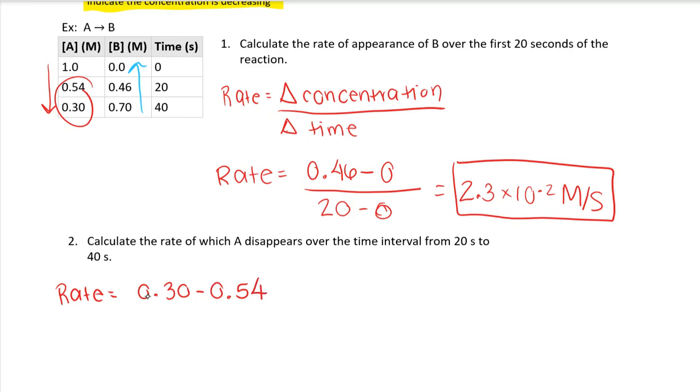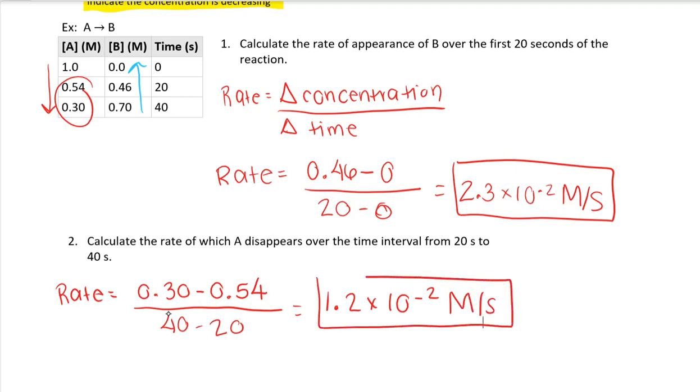So normally when we're calculating the change in concentration or change in time or change in anything, we normally do final minus initial. So I'm going to take the final concentration minus the initial concentration and then do the same thing for time. 40 seconds minus 20 seconds. 1.2 times 10 to the negative second molar per second.